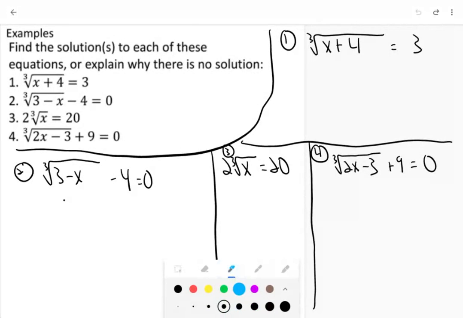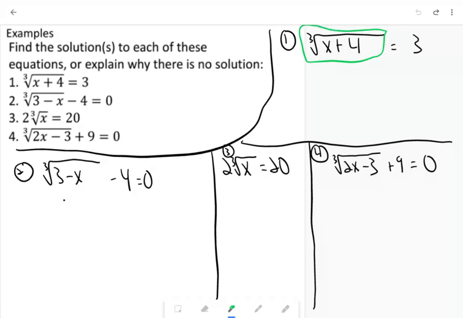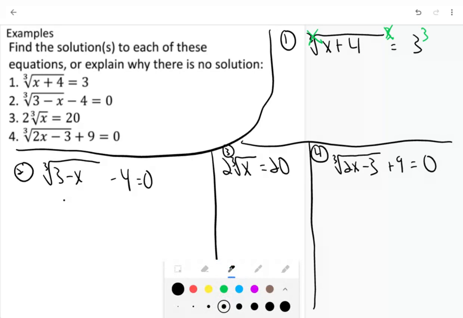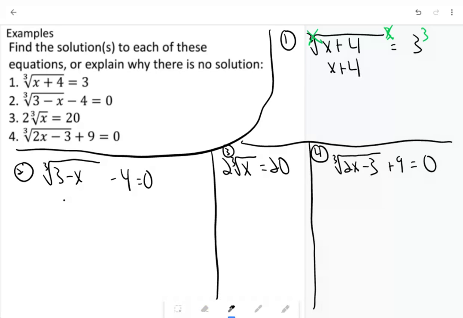For number one, the first thing we want to do is isolate the cube root. In this case, the cube root is already isolated. There's nothing on the left-hand side with the cube root, so I can go right ahead and cube both sides. If I cube both sides, the cube will cancel out the cube root, leaving me with x plus 4.